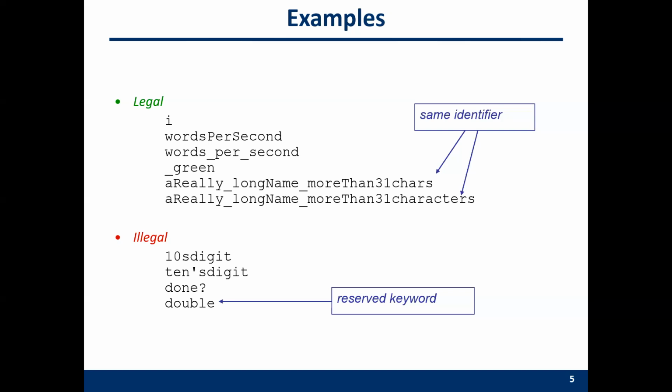So only the first 31 characters count. And these are not valid variable names. This one, you cannot begin with a number. You cannot have this character in a variable name. You cannot have this character in a variable name. You cannot use the data type or any other reserved keyword as the name of your variable.